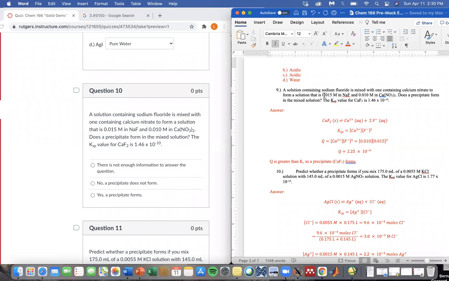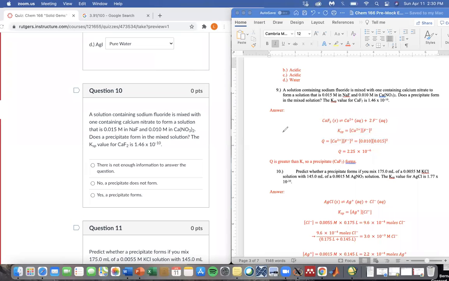You're given your concentration for NaF and for calcium, so you just put those molarities in, and make sure you square the concentration for fluorine, because for CaF2 you have the coefficient in front of it. And so you get a Q value of 2.25 times 10 to the -6.